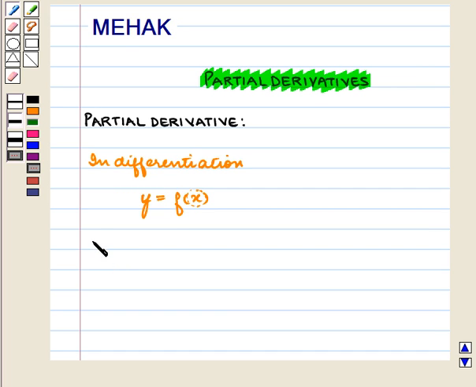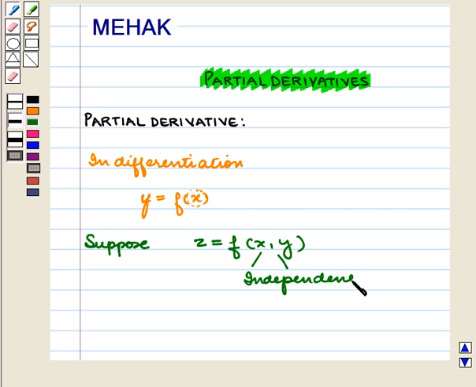Now suppose we have a function of the form z is equal to f of xy, where we have two independent variables x and y and one dependent variable z.